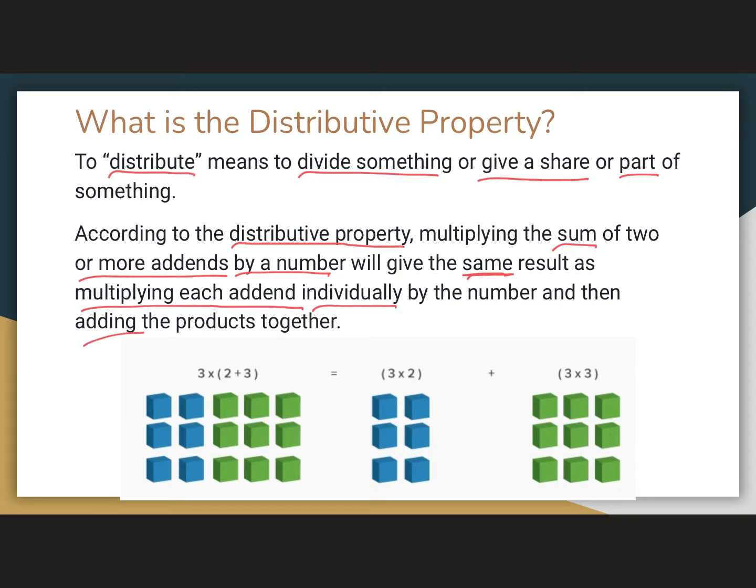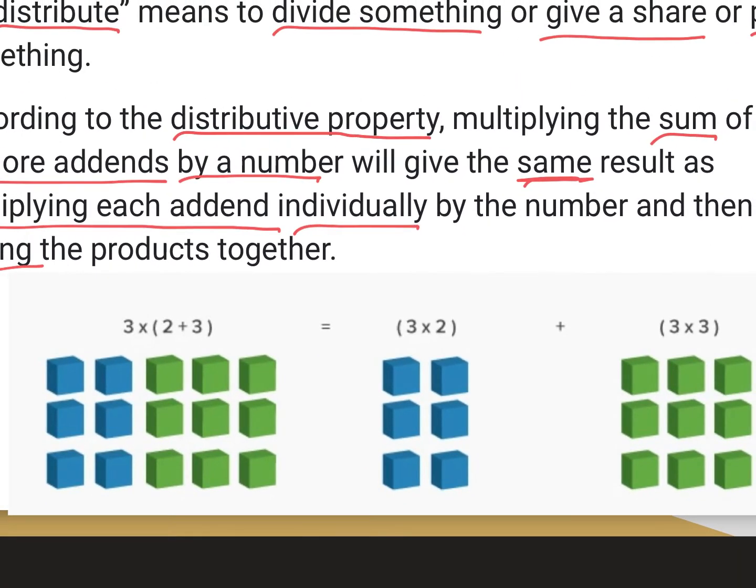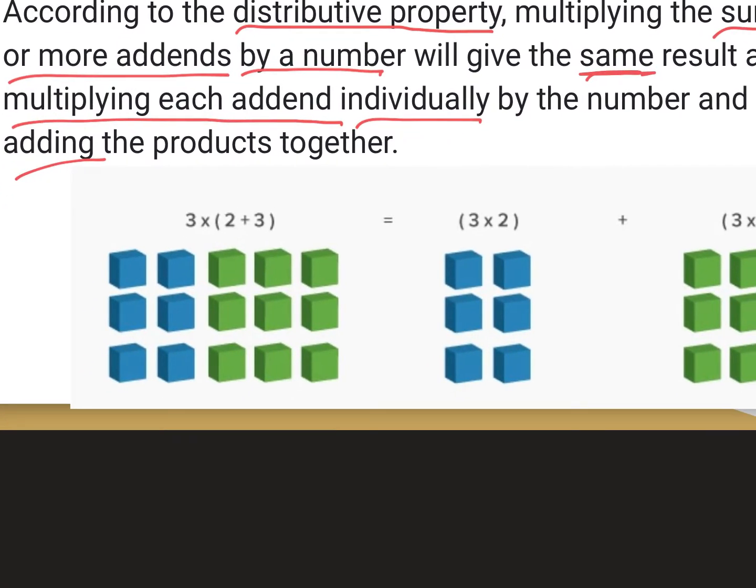I have a picture down here on the bottom to show you what I'm talking about. You can see, if I have 3 times 2 plus 3, so here's 2 plus 3, 2 plus 3, 2 plus 3, that's 3 times 2 plus 3.